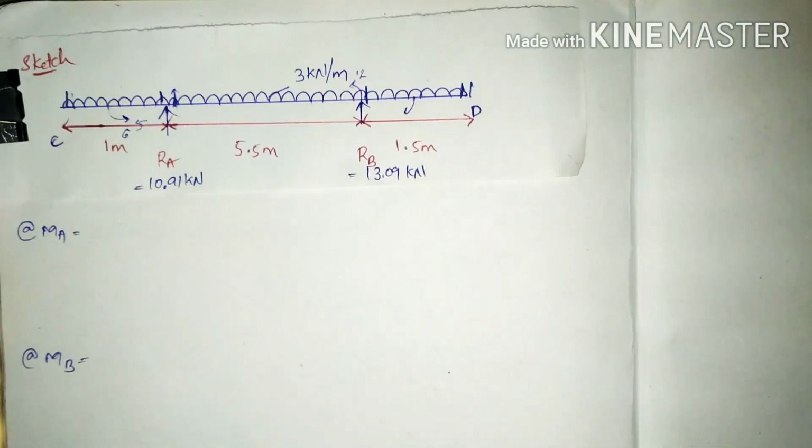For the moment about A, at RA, we have the LHS side and the RHS side. If I take the moments about A from the LHS side, we have one sign convention, and for the RHS we have another. Let's see what that is.